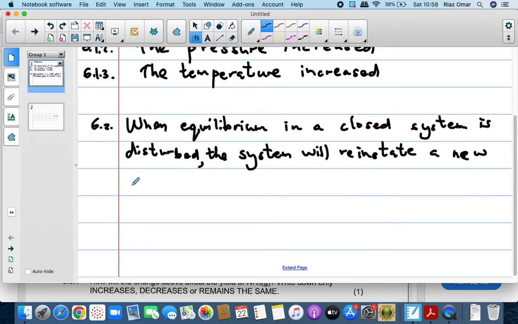It will adjust in such a way that the new equilibrium will be reinstated by favoring the reaction which opposes the stress.